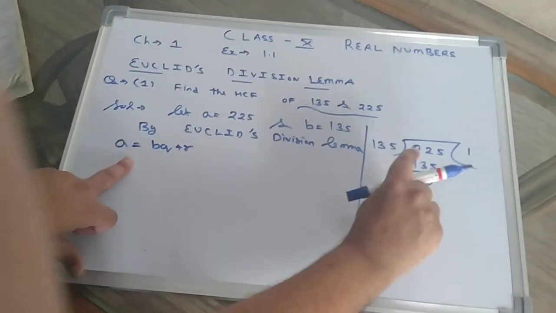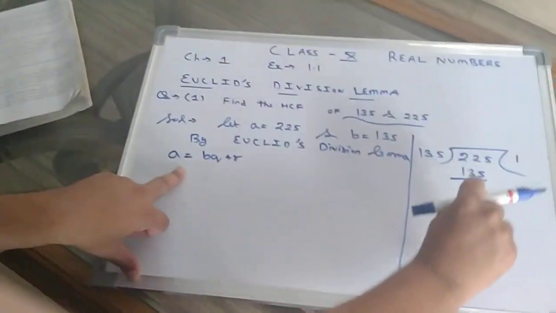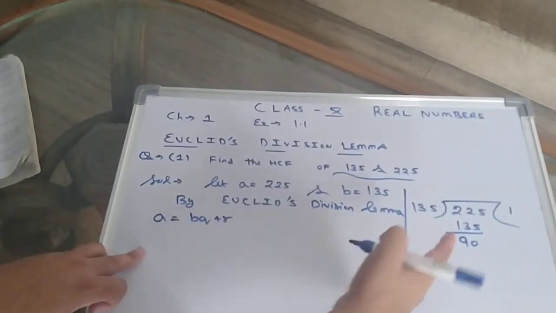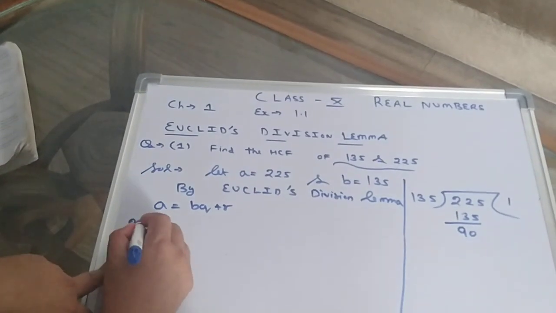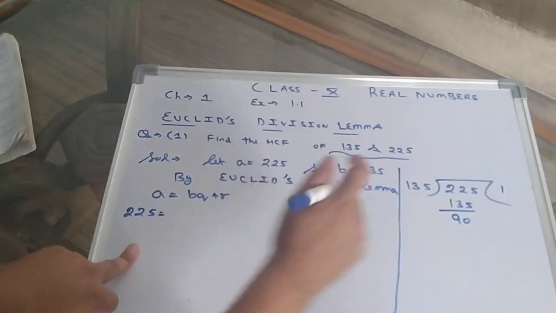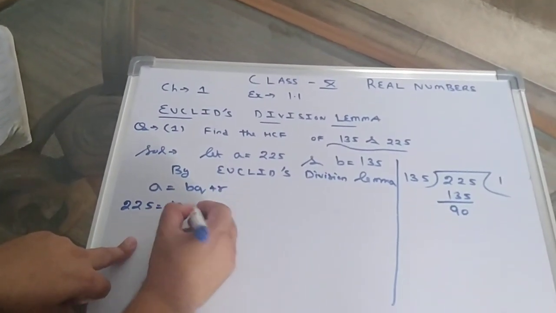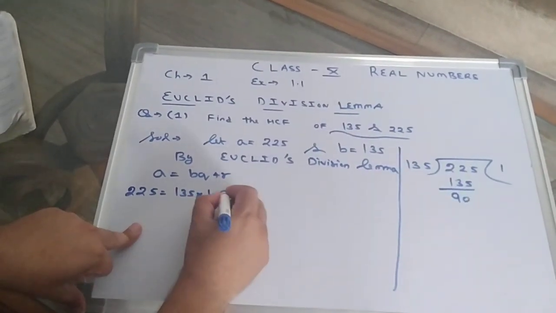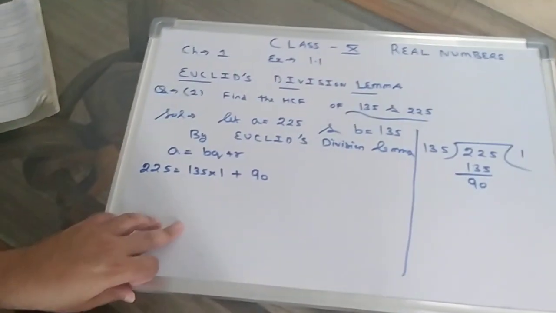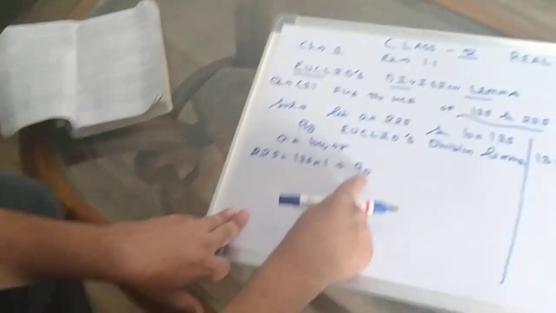Now write the a, b, q and r values from this division. What is our a? A is 225. And what is our b? It is 135. Quotient is 1 and remainder is 90. You can write a is equal to bq plus r.